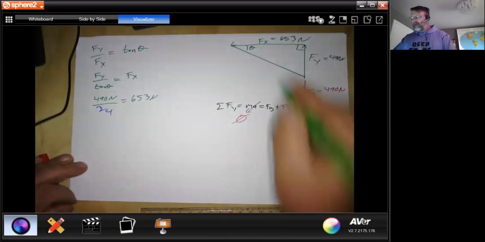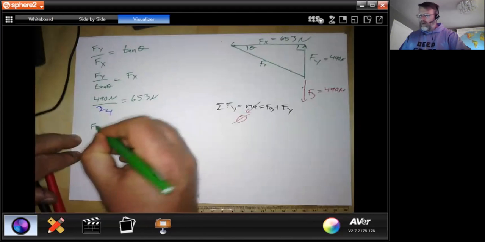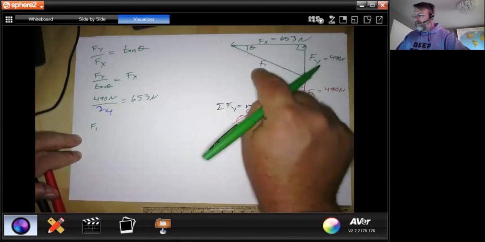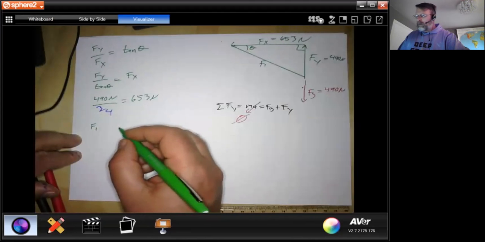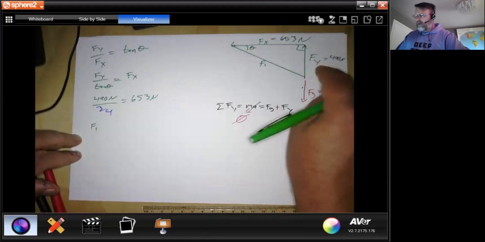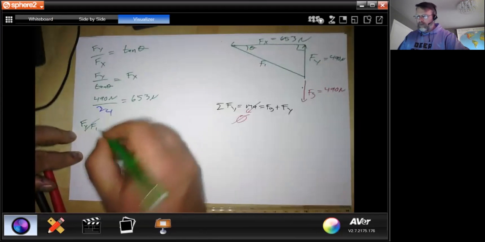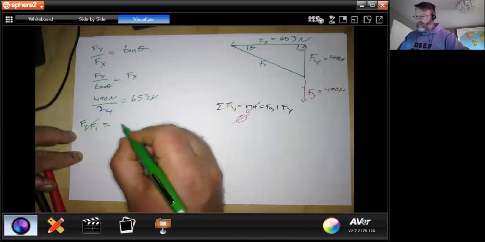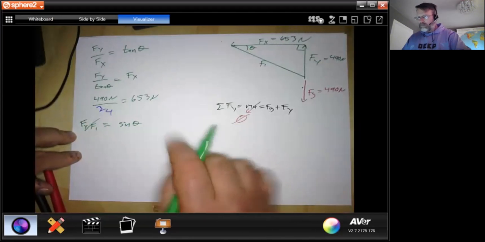Just for practice's sake, what would happen if we just wanted to know this one? Well, F1 over Fy, or excuse me, opposite over hypotenuse equals sine of theta, right?